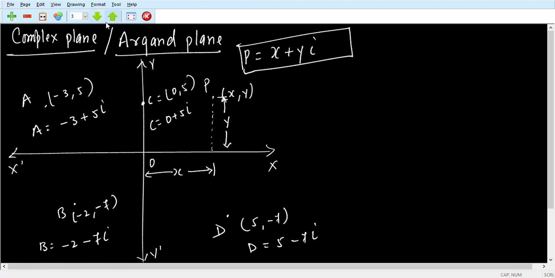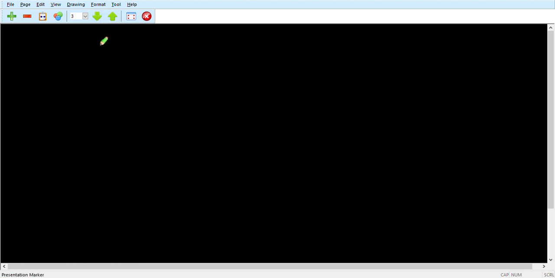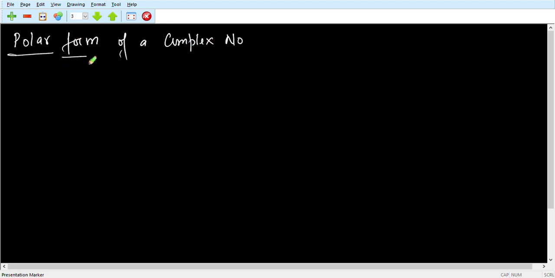Our next concept is to represent a complex number in polar form, the polar form of a complex number. We have another technique through which we can represent a complex number.